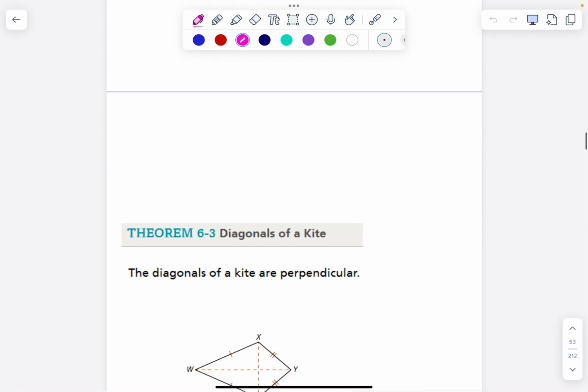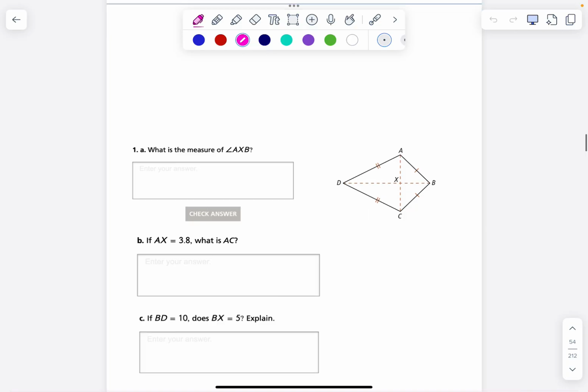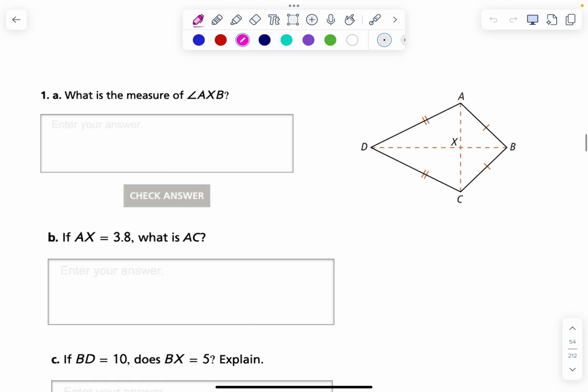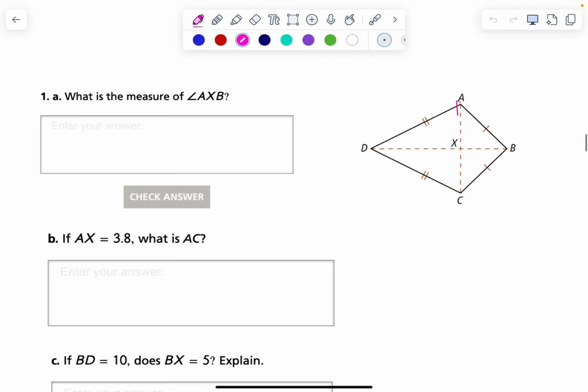Some of this we already wrote. We'll start off with easy ones. You don't need to write these, we can just answer them, but don't shout them out. So measure of angle AXB. AXB is this angle right there. What's the measure of angle AXB?